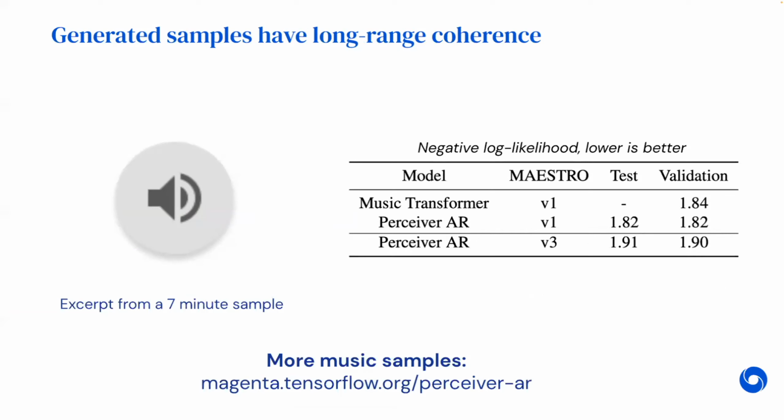In the sample that I'm going to be playing, pay attention to how the motif, the little melody that recurs through this, is varied over subsequent repetitions. Because the model uses a very long context, it is able to keep track of what it's done before, which allows it to gradually develop the content, perhaps similar to how a human composer would first establish a theme and then vary it to draw the listener in over time.